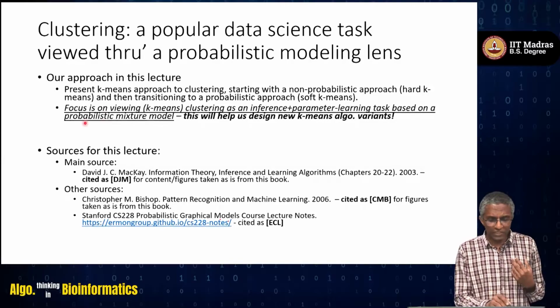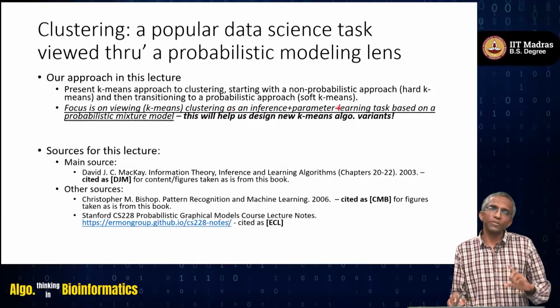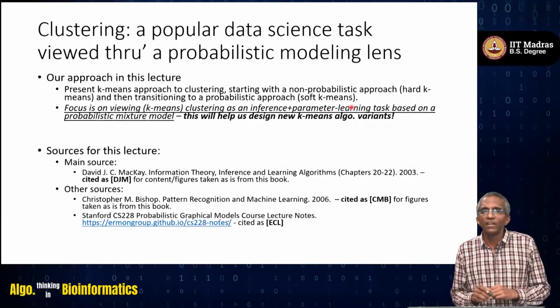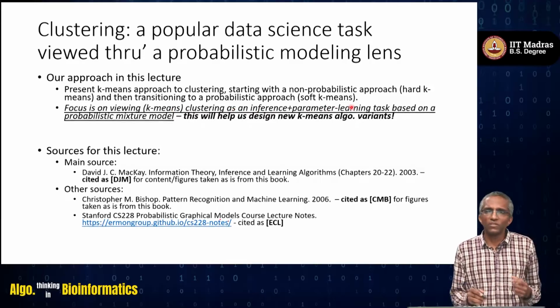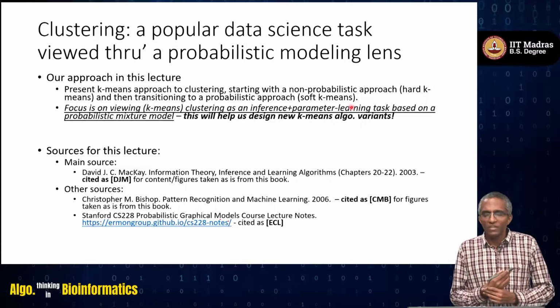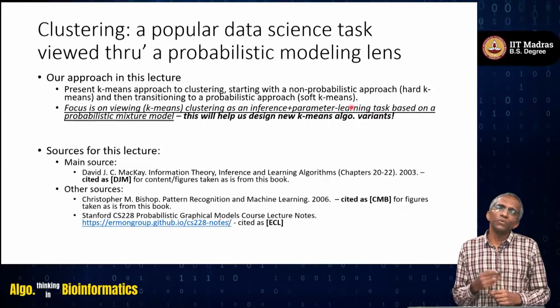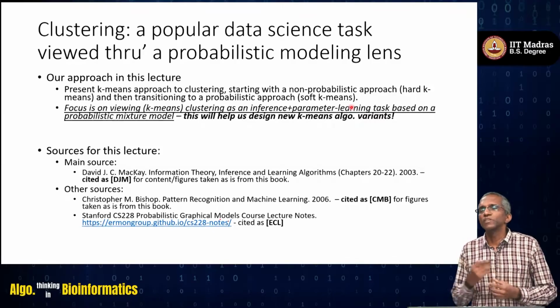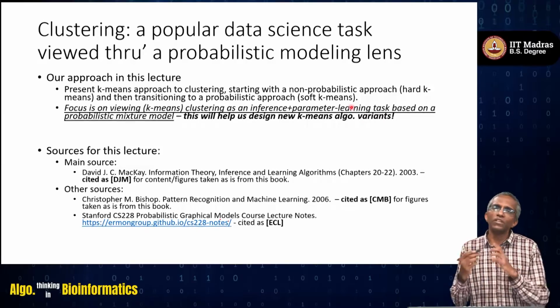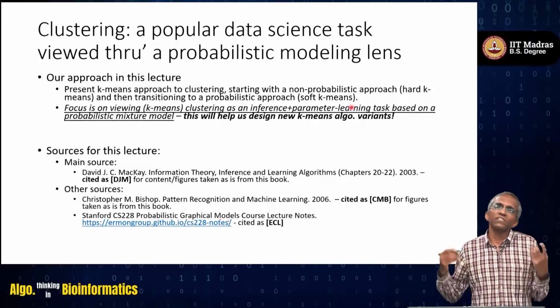But something interesting about this lecture, and I hope you find it interesting too, is that we will focus on viewing k-means clustering as an inference plus parameter learning task, based on a probabilistic model. It is called a mixture model, and it is used to model clustering problems. We will look at how to do inference calculations, probability calculations on this model, and how to learn the parameters of this model, and as we learn that, we will see that we are essentially clustering the data.